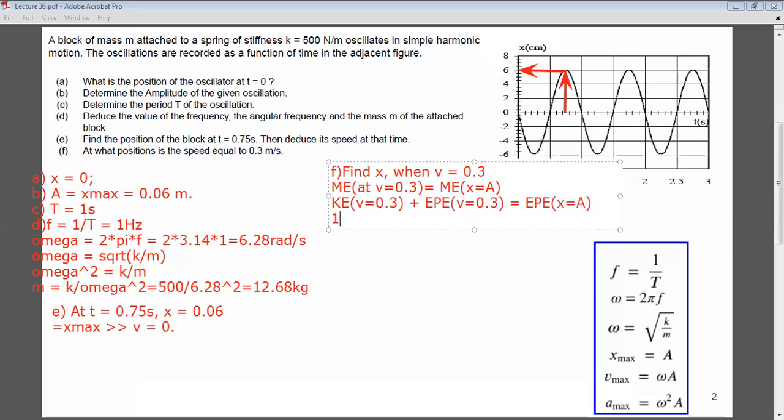Now let's plug in formulas. This is half m v squared plus half k x squared equal half k A squared. Okay. And now I just plug in whatever values I have. So the half and the half and the half cancel out. I can just delete them from the whole equation.